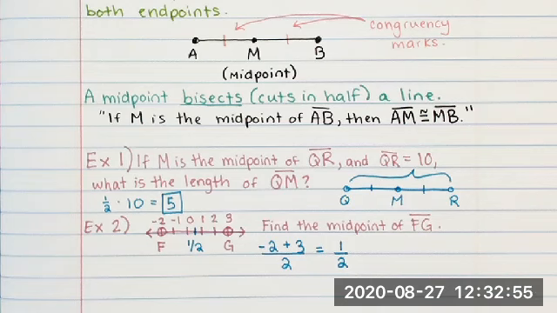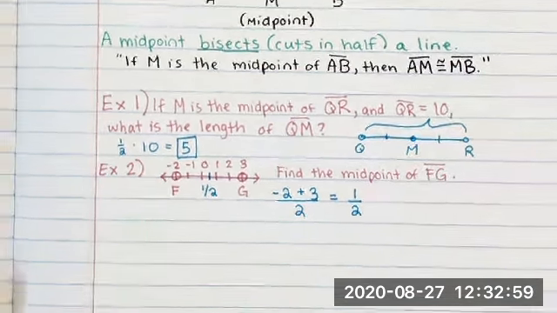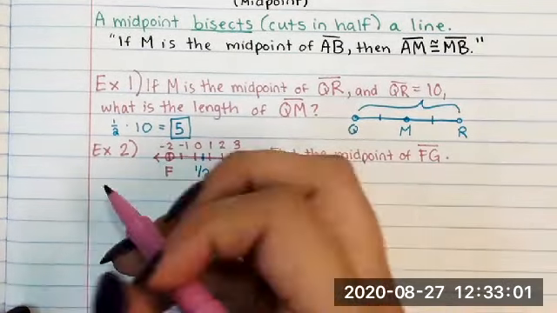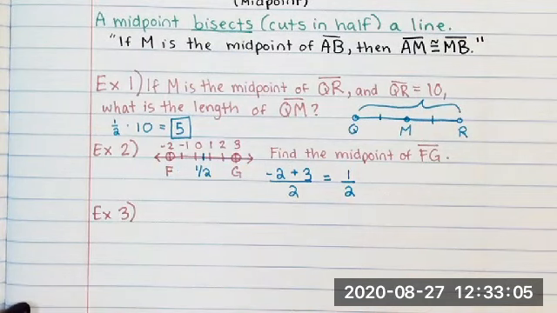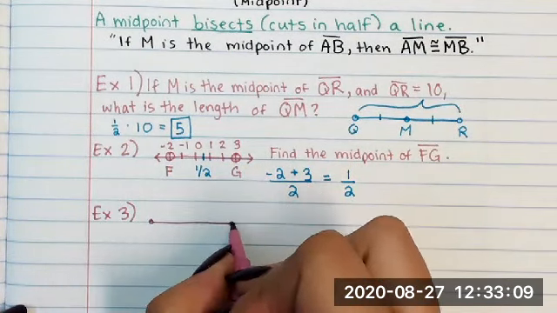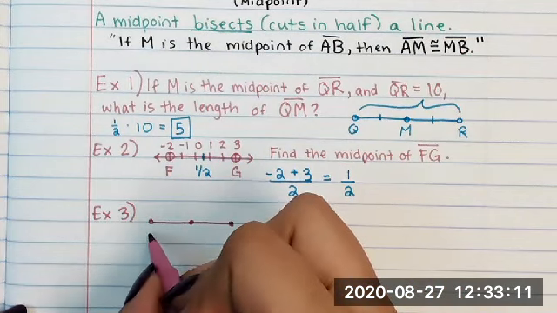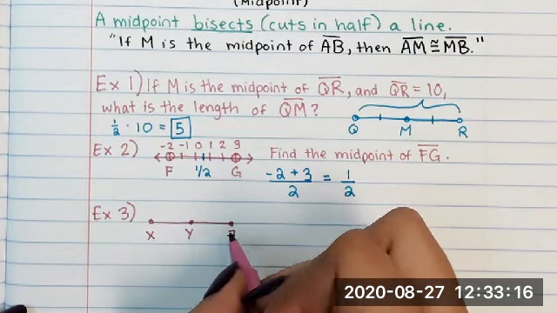All right, let's turn up the heat just a little bit, shall we? With example 3, I'm going to draw out a picture for us, just because the word problems take so much writing.